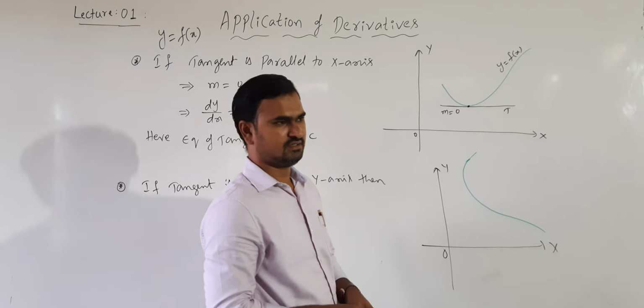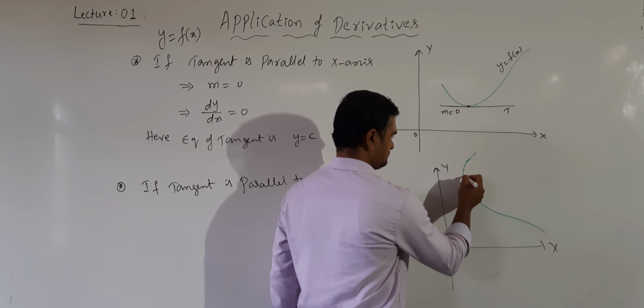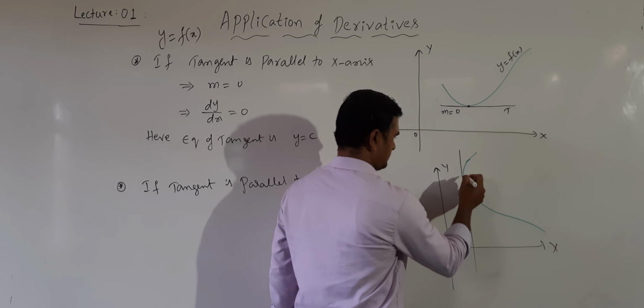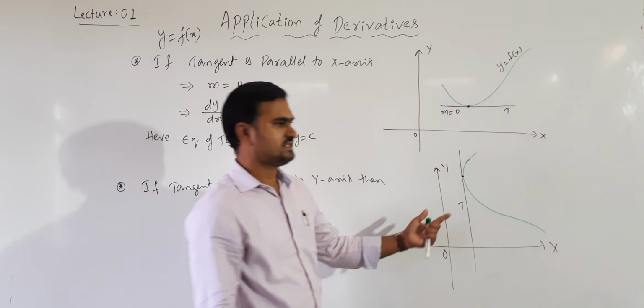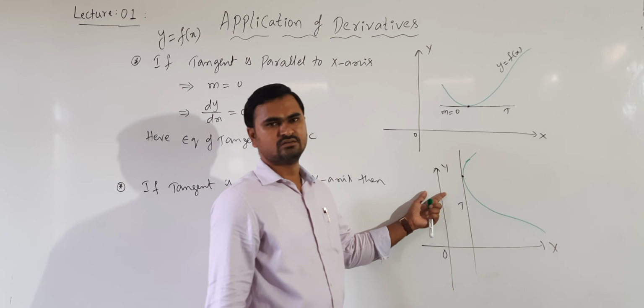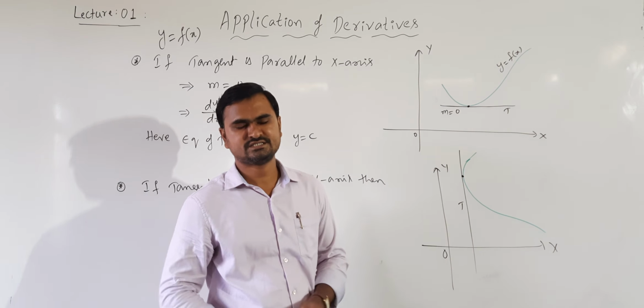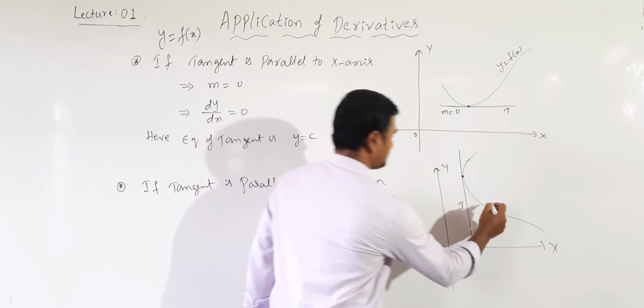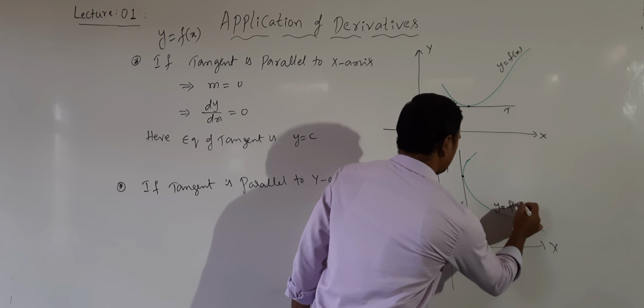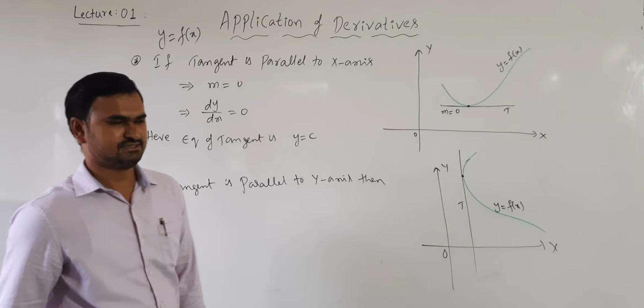Now at some point on this curve, we can draw a tangent. This is the tangent we are drawing. Now clearly we can see this tangent is parallel to y-axis. So what is the condition on this curve, y equal to f of x, so that the tangent is parallel to y-axis?